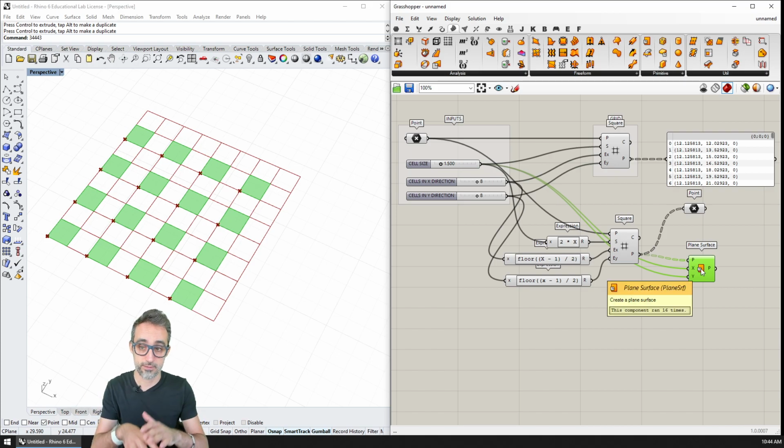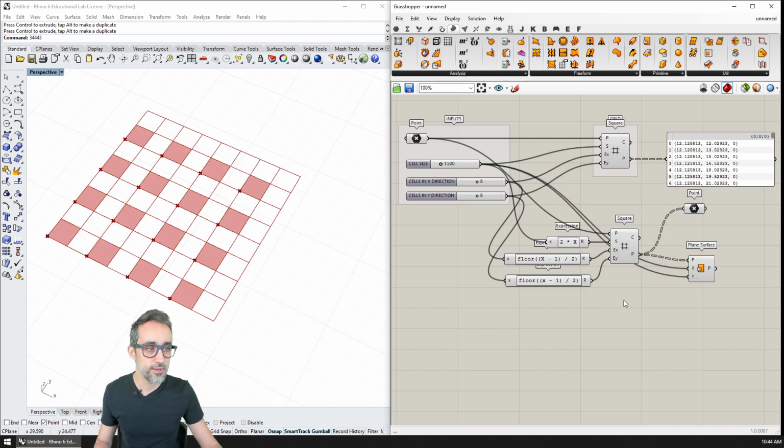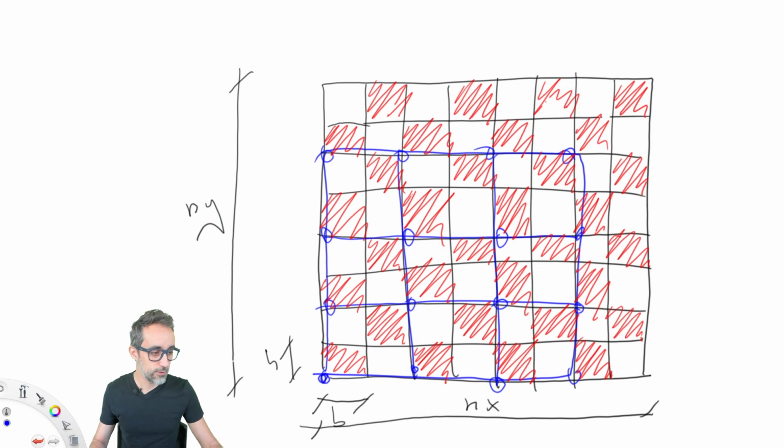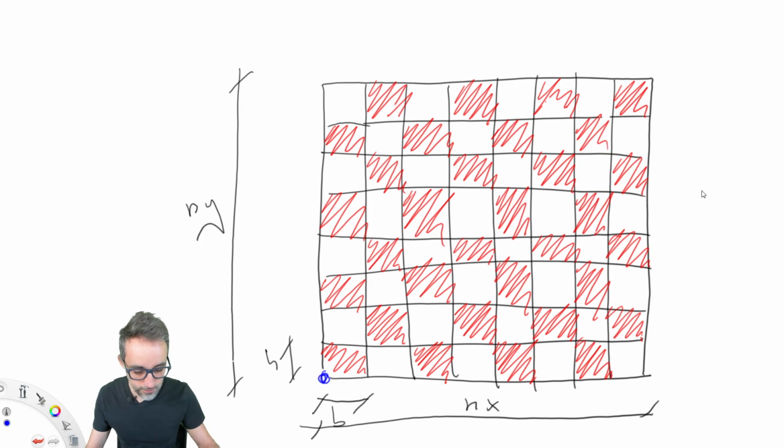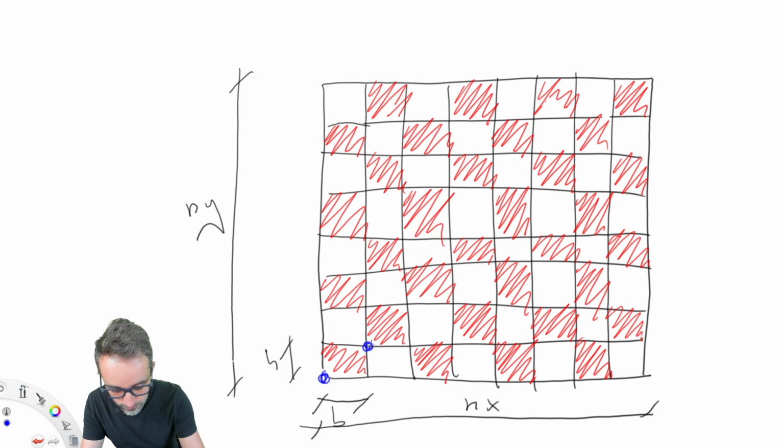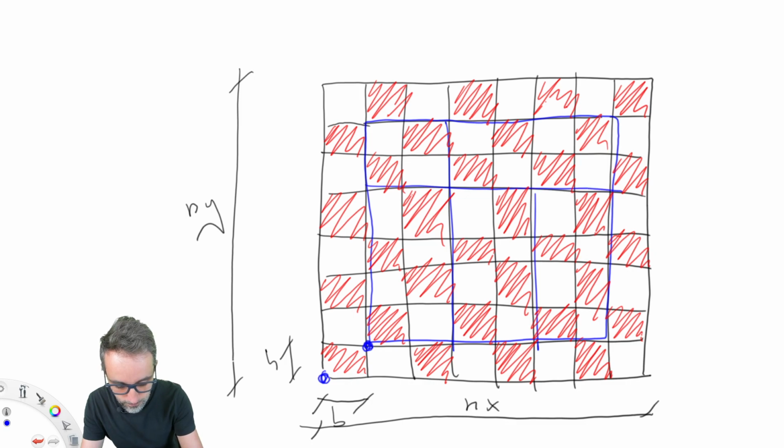drawing as plane surfaces. The only thing that I need to do now is I need to do the exact same thing, but instead of just for that layer, I need to do the same thing for another layer, which is going to be starting from this point here. I'm going to create this grid here, here and here, and here and here.